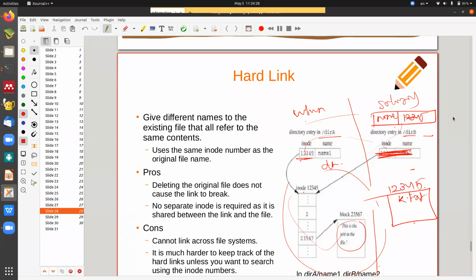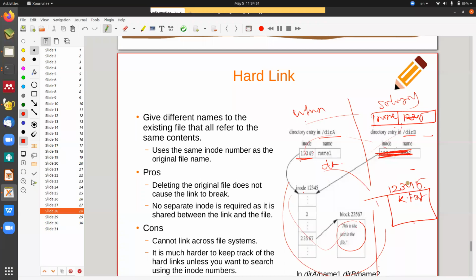Yes, he has created it. Now inside this file system, how many files have the same inode? Two files. But as far as the inode is concerned, you cannot create the same inode for two files. There will be a conflict, right? But what I need is, I want to link and this file exists. Then how to do this?